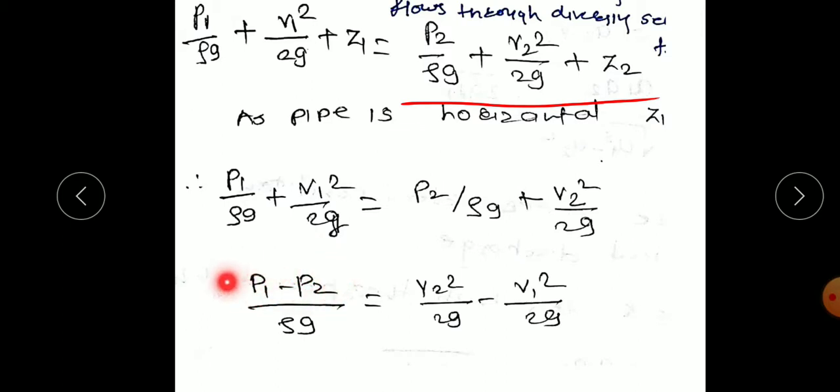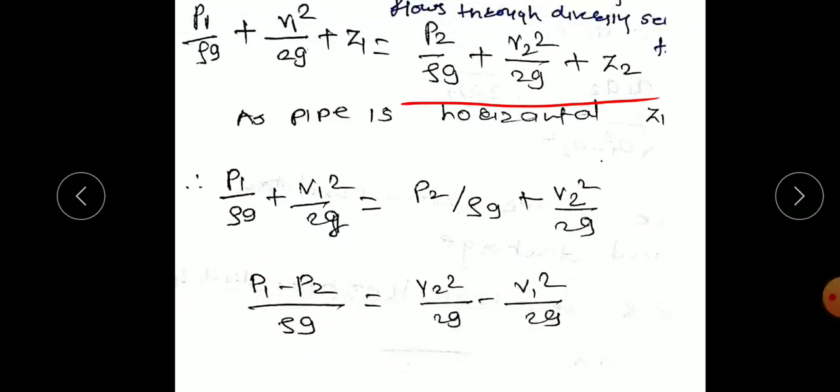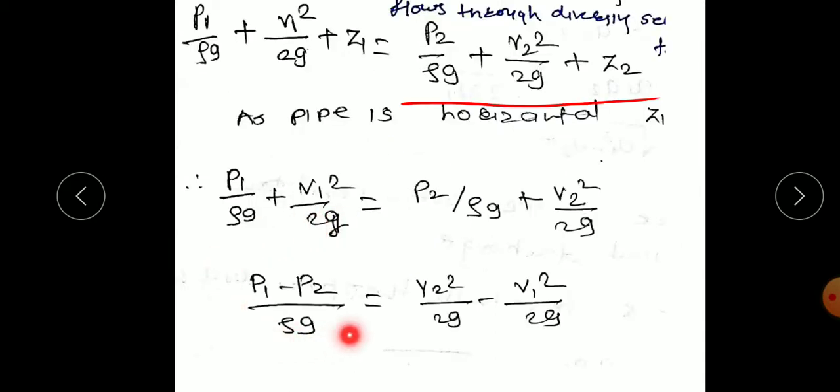So this difference of pressure is rho g H. So this is the difference of pressure head at sections 1 and 2, equal to H. So H is equal to P1 minus P2 by rho g, or H is equal to V2 square by 2g minus V1 square by 2g.